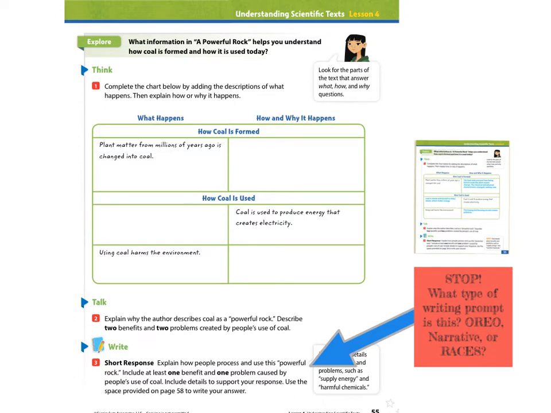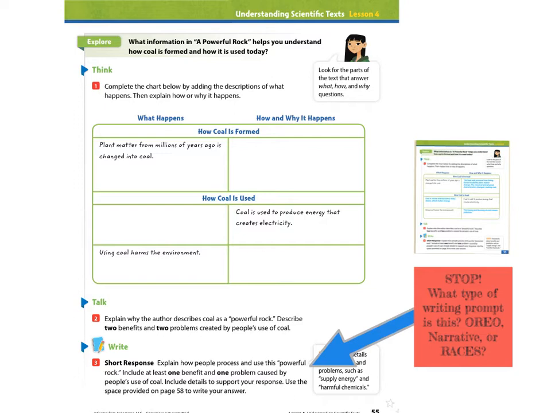Now that we've read this about coal, we are going to use these ideas to think. Okay, so let's look at, from our text, the information that tells us what happens and how it happens. So I'm noticing it says how coal is formed. So you can see on my screen, plant matter from millions of years ago is changed into coal.